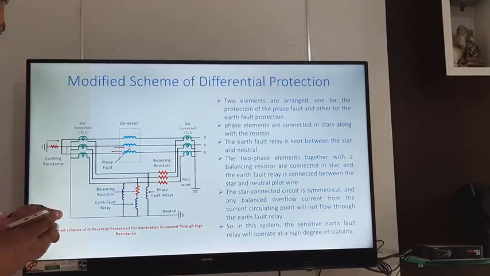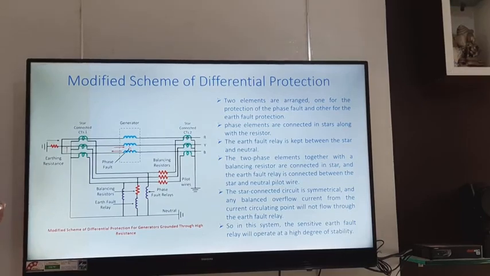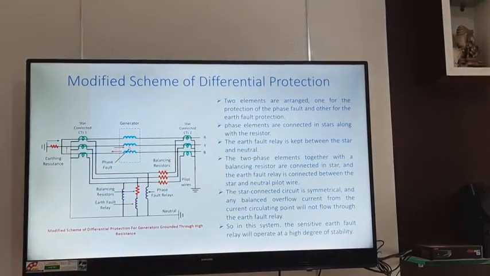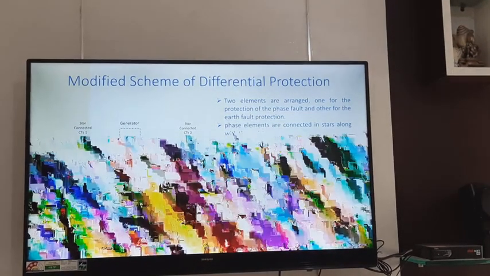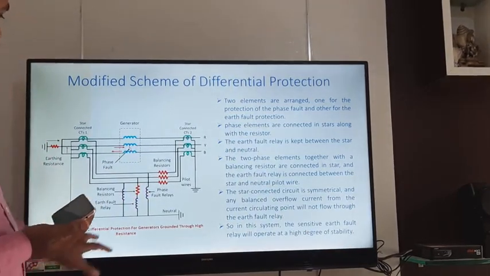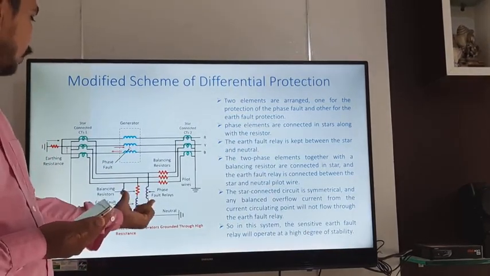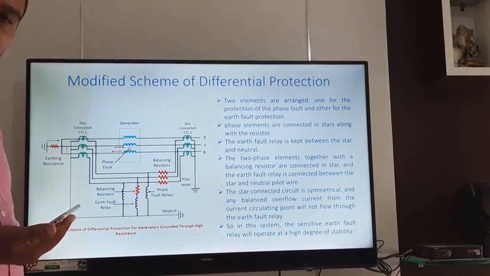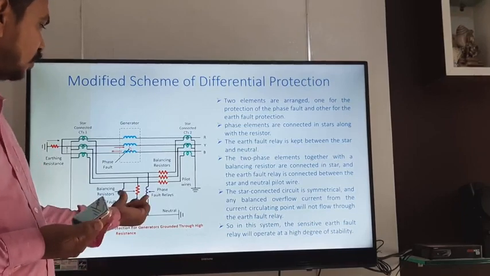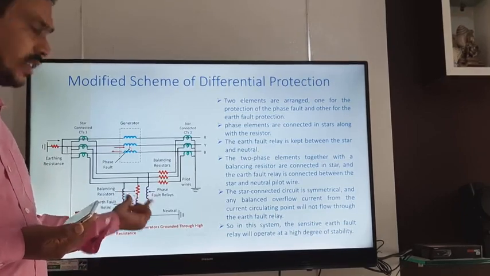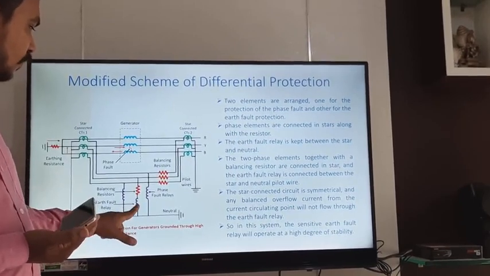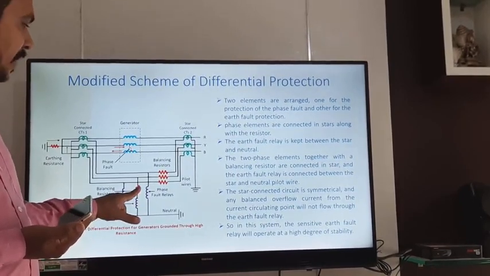So for that, one modification is made in this differential protection, and this is the modified scheme of differential protection. In this modified differential protection, two coils are used for phase fault and one coil is used as an earth fault relay coil. These two coils are the phase fault relay coils and this coil is the earth fault relay coil, and this earth fault relay coil is connected with the balancing resistor.